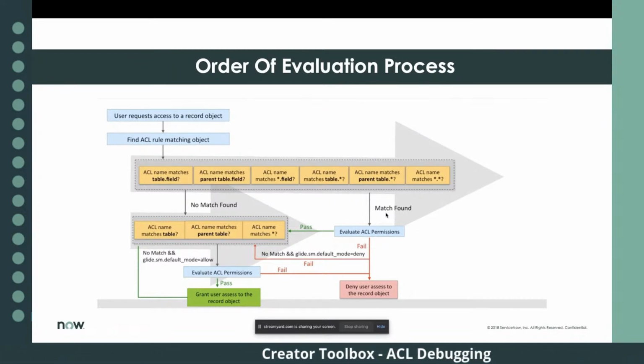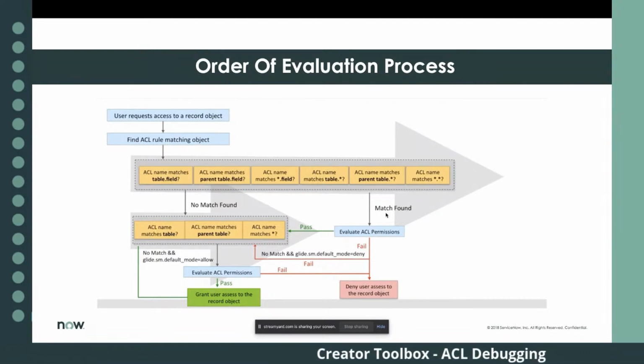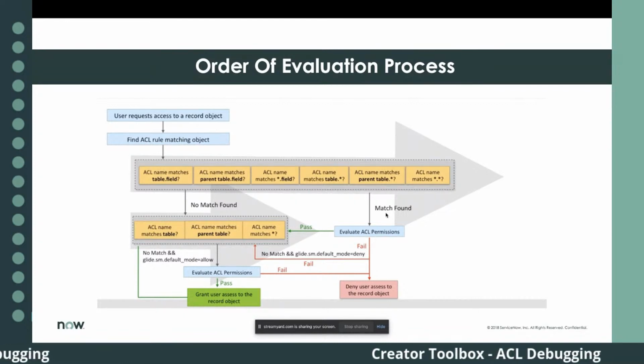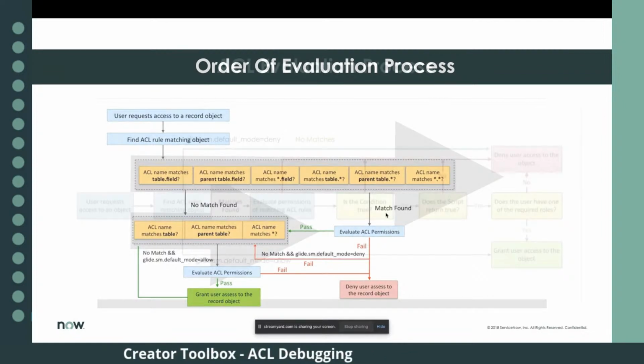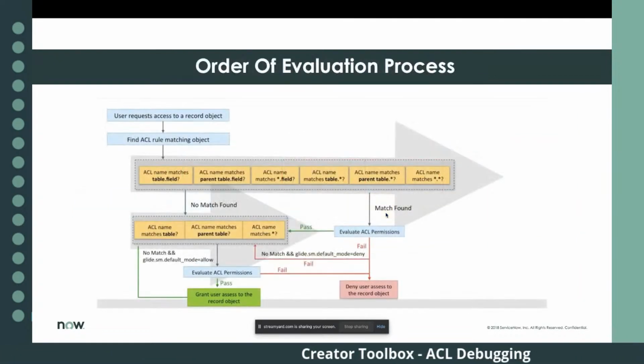If that ACL is also not there, it will check if the star ACL is present for the table. So there are two ACLs: on the table level, you define an ACL called table.none, and for field level access, you define table.star or a specific field. If both evaluations pass as true, it will evaluate the ACL permissions in this manner: it will check the condition, script, and then required roles. If it passes everything, it will grant the access. Otherwise, it will deny the access.